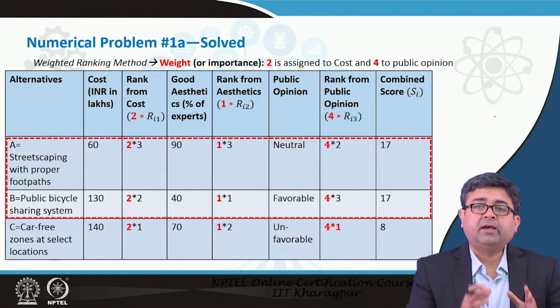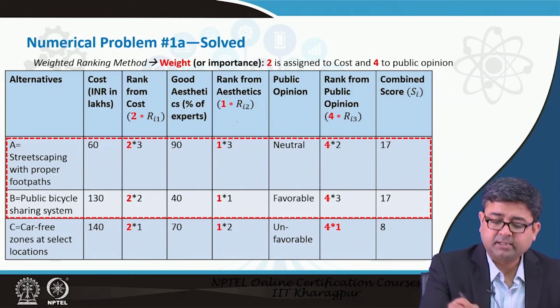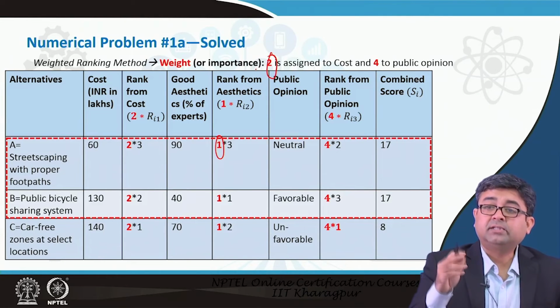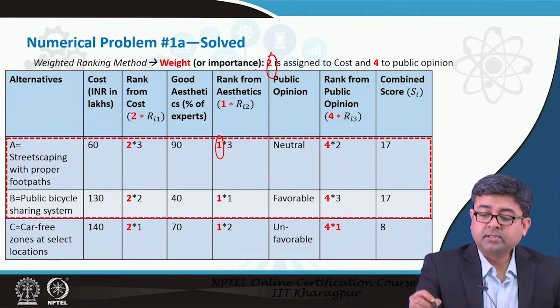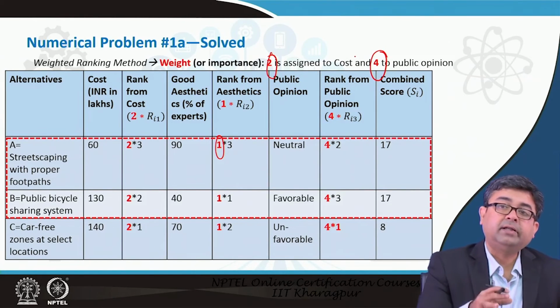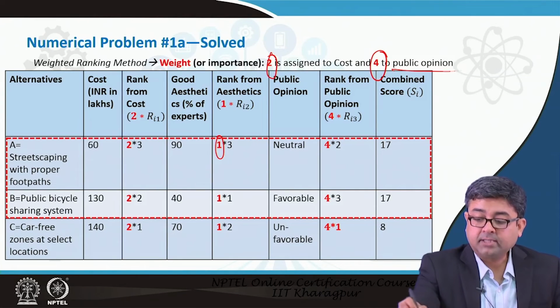So, it is not fair to give all of them the same weights. So, now you say that aesthetics has the least weightage, 1, whereas the weightage of cost is 2, double that of aesthetics, whereas public opinion has the highest weightage, double that given to cost. That is how weights are usually given. So, public opinion has the highest weightage.